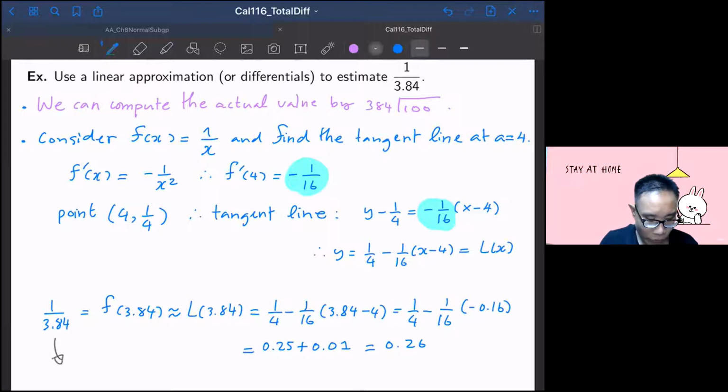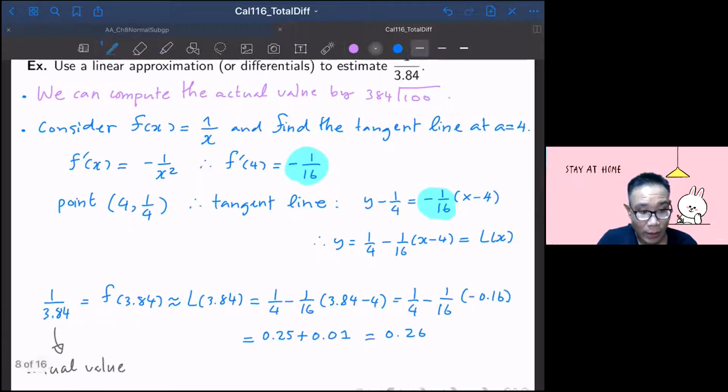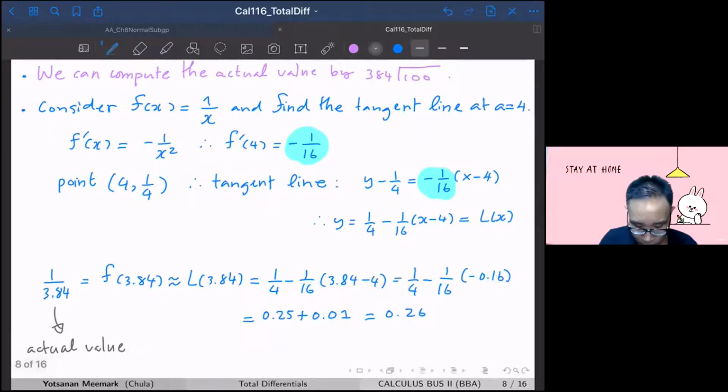And if you compute the actual value, if you use your calculator or you just use long division, you would get 0.26041167.